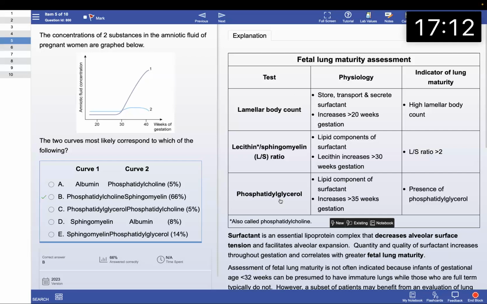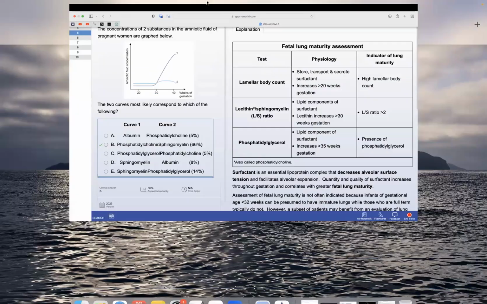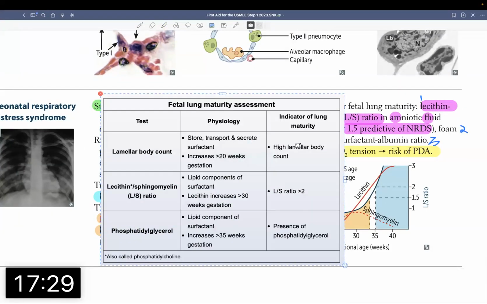Then there are three assessments: lamellar body count, lecithin sphingomyelin ratio, and phosphatidylglycerol. All should be high: a high lamellar body count, an L/S ratio higher than 2, and phosphatidylglycerol presence.